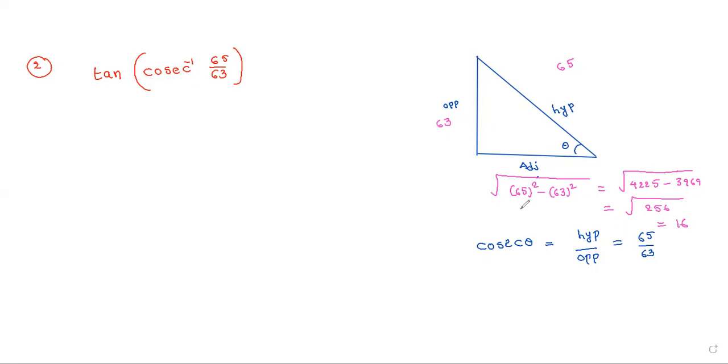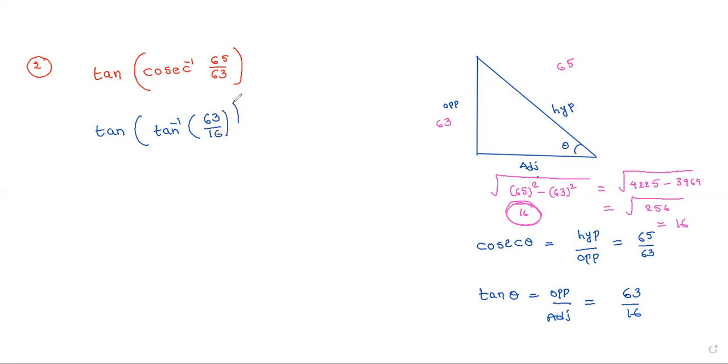So the adjacent value is 16. Tan theta is opposite side by adjacent side, which is 63 by 16. So it converts to tan inverse of 63 by 16. Tan inverse of tan theta is theta, so 63 by 16. Right.